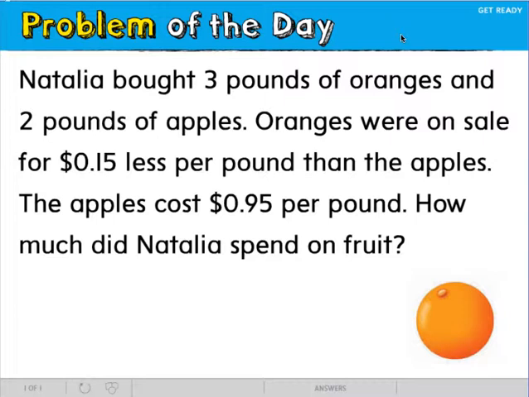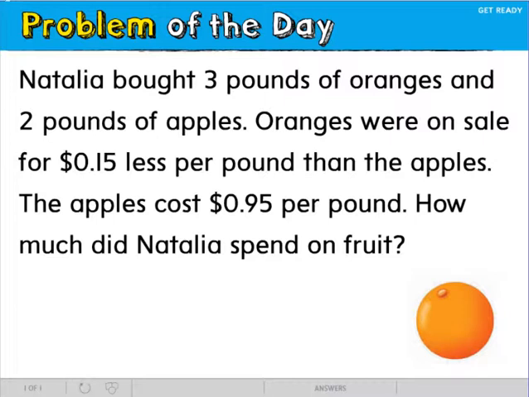The first thing that we have to solve for is how much the oranges are per pound. Then we have to figure out how much she spent on the oranges and how much she spent on the apples, correct? Okay, so you're working on that on your whiteboards when you have your answer.